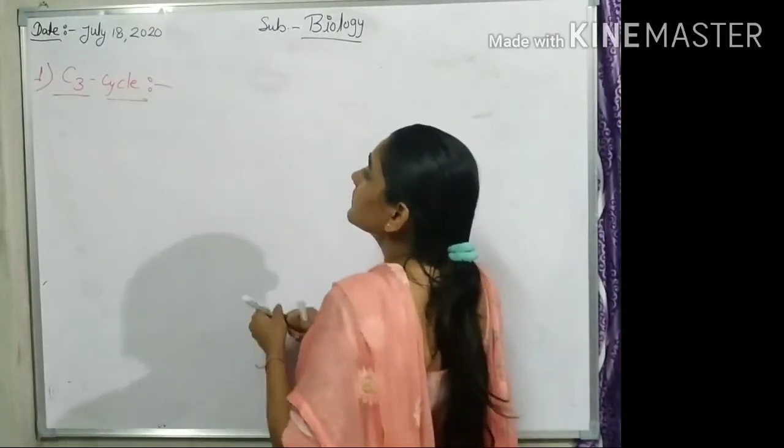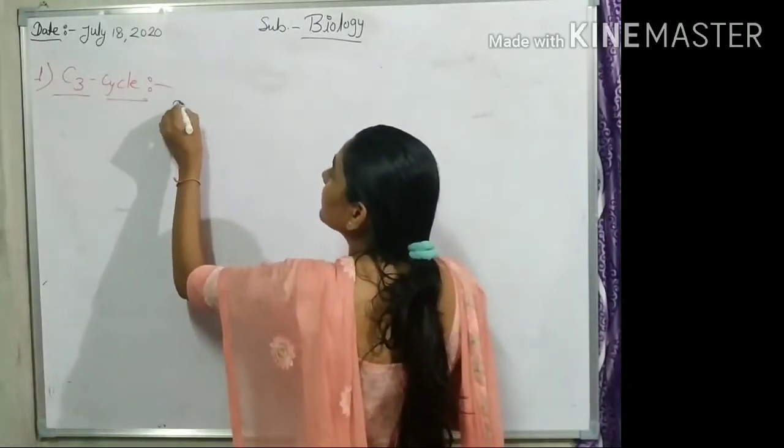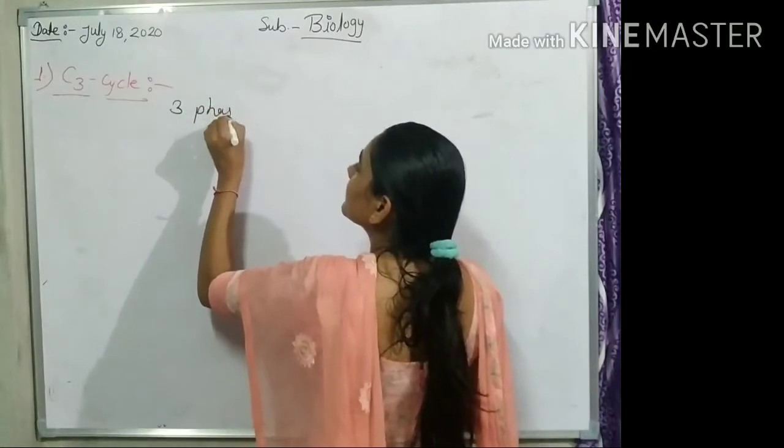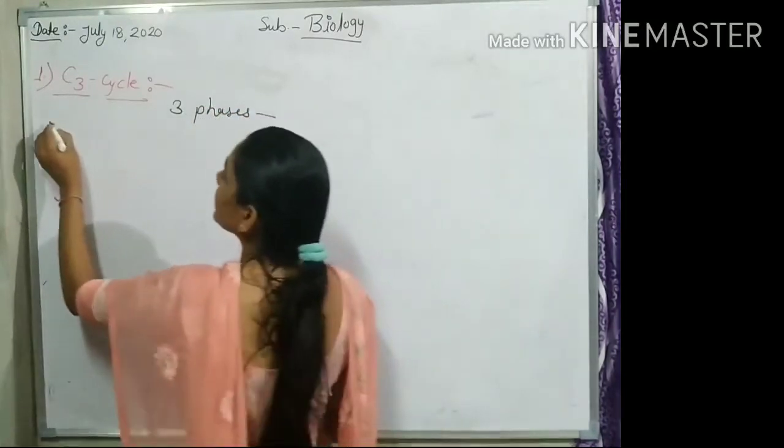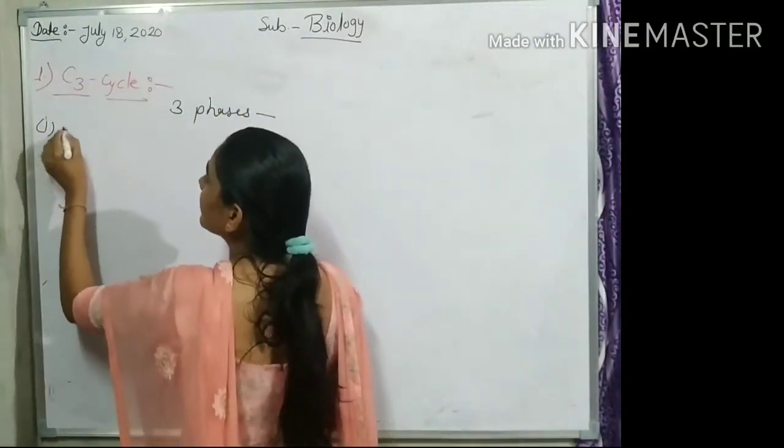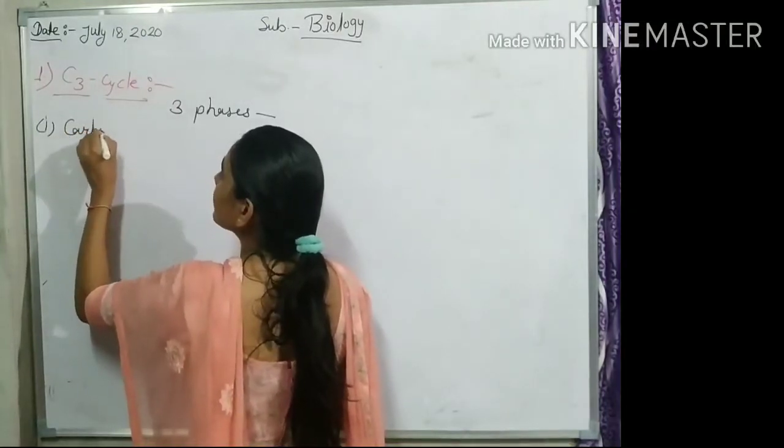This cycle is divided into 3 phases. First, carboxylation.